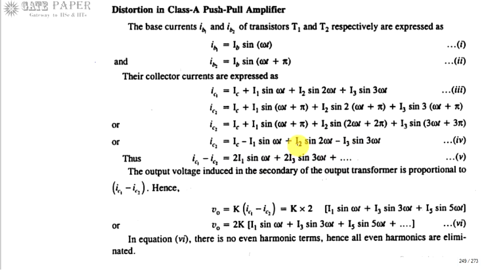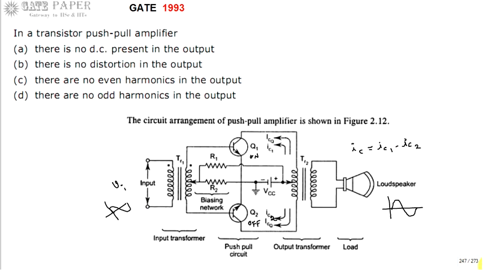So the output waveform doesn't contain any even harmonic terms as well as the DC component. So the answer for this question is that the push-pull amplifier doesn't contain even harmonics as well as no DC in the output.